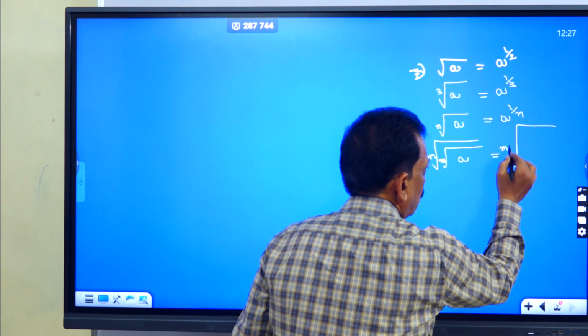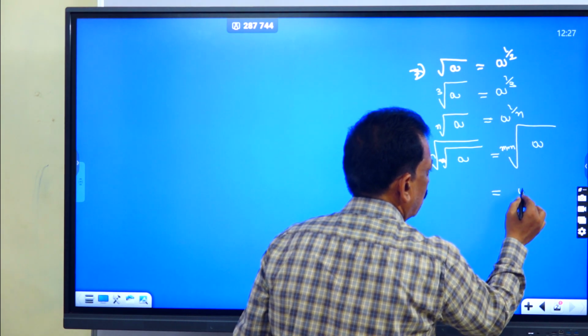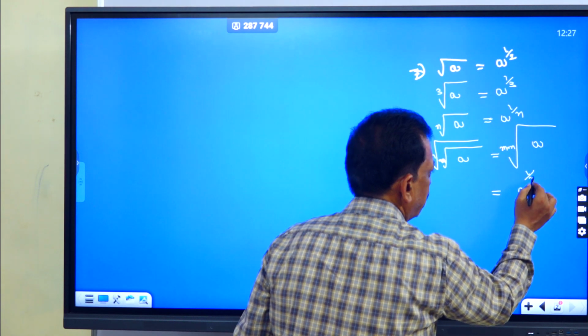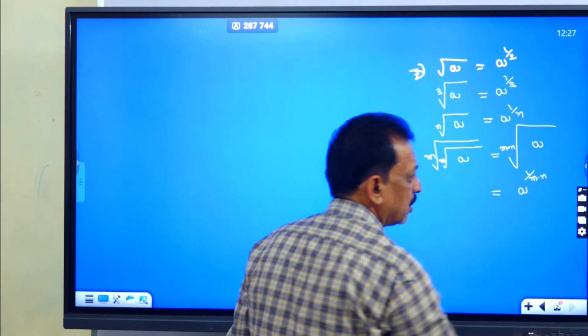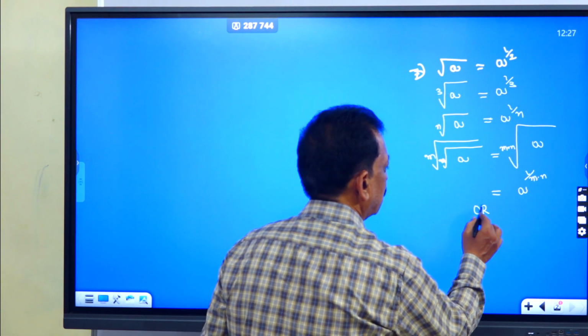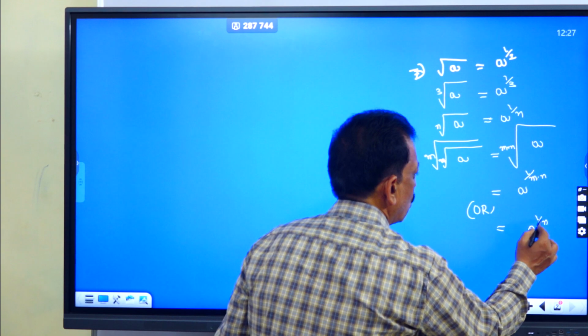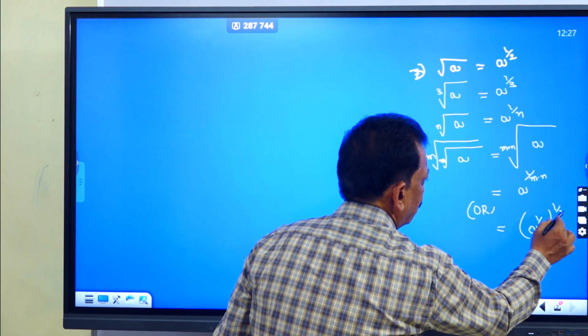Now I write the m-th root of the nth root of a, that is equal to a to the power of 1 by m into n. That is also correct. So another way you can write, that is equal to a to the power of 1 by n, whole to the power of 1 by m.